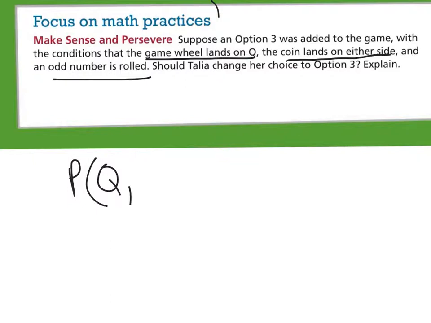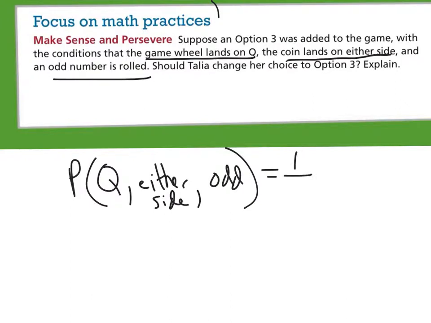So if there's more than one condition, it will have commas usually separating them. So it might say probability Q, comma, either side, comma, odd. Okay, that could be a way we could write that.